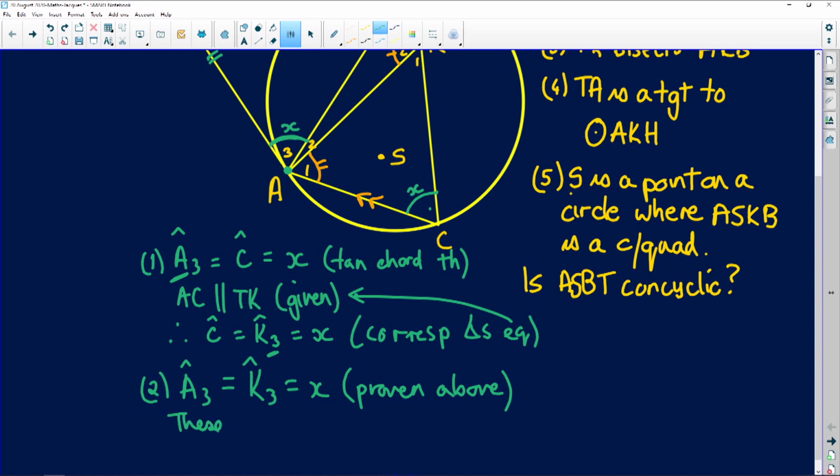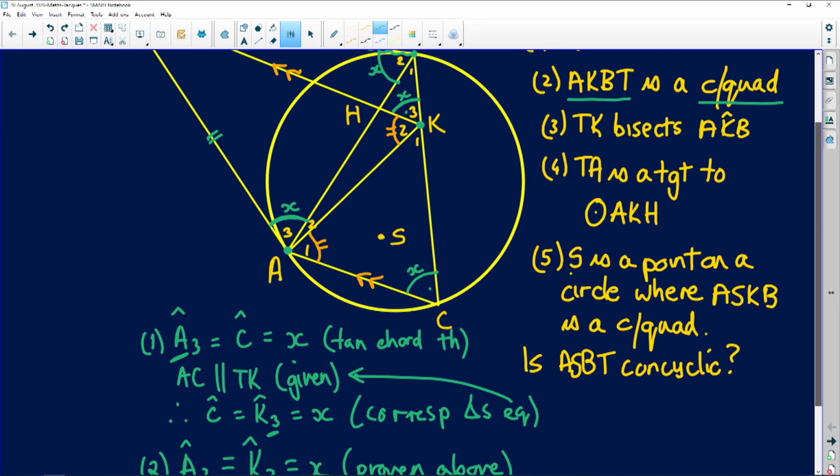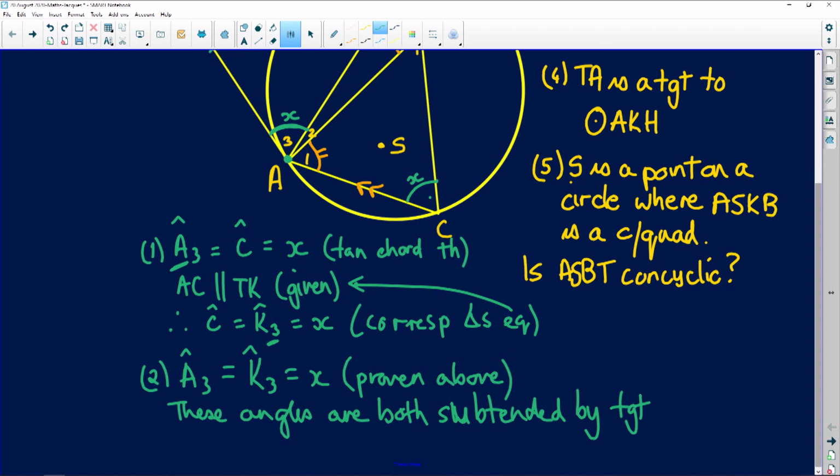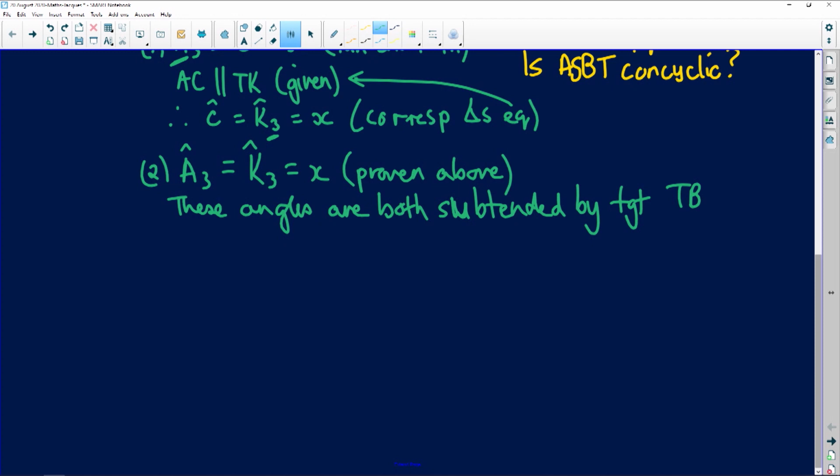These angles are both subtended by tangent, I think it was tangent TB. Yeah, tangent TB. Now, if the angles that are subtended by a line are equal, we have that AKBT is a cyclic quad.